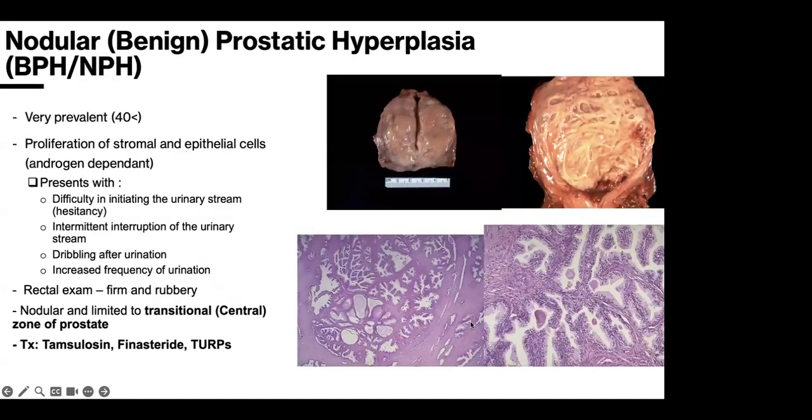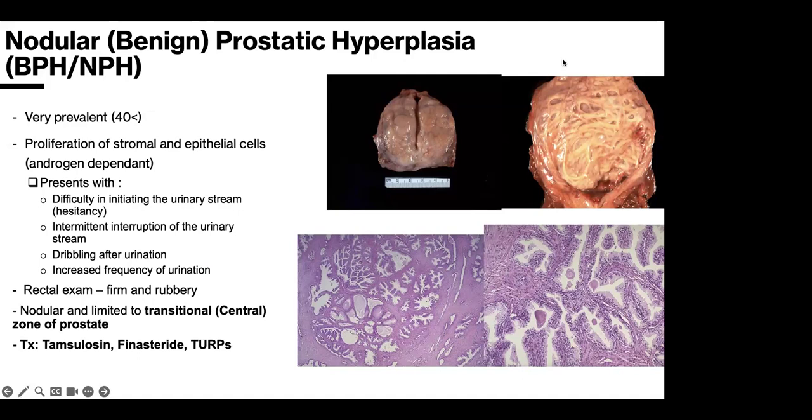So let's talk more about it. It's very prevalent. It could be subclinical, it could not present. A lot of men over the age of 40 have NPH. It's proliferation of both stromal and epithelial cells, and what causes it is androgens. It's very androgen dependent, and because of the continuous exposure to androgens, the prostate enlarges, with more proliferation of stromal and epithelial cells.